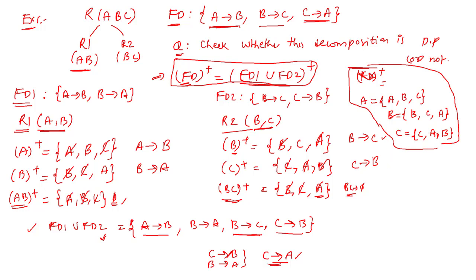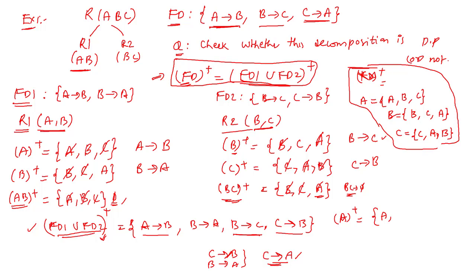Then calculate the closure of this one, FD1 union FD2. Calculate the closure of all the functional dependencies. Let us first calculate the closure of A. So in this, A can determine itself. Please understand, now I am calculating the closure of this.